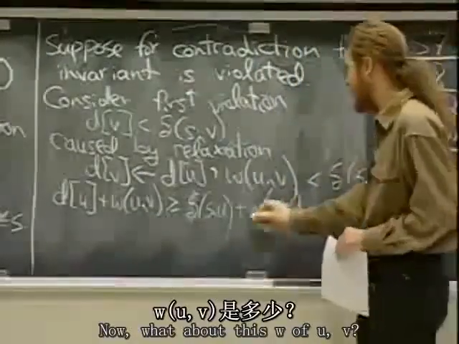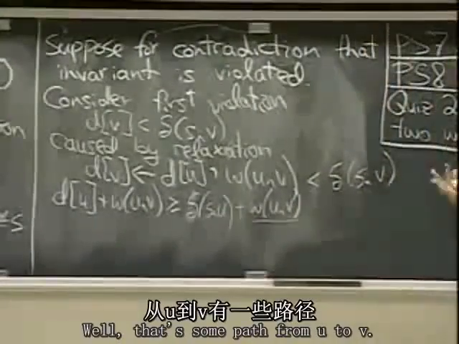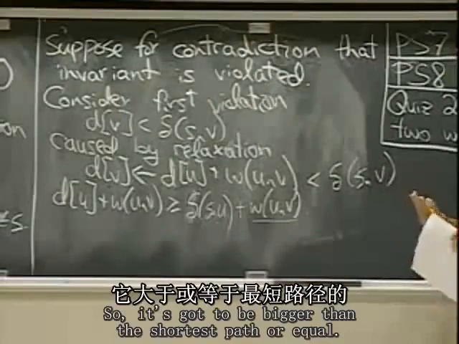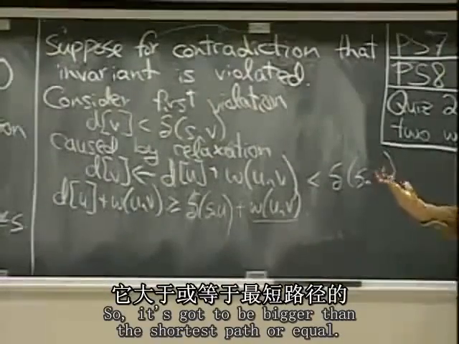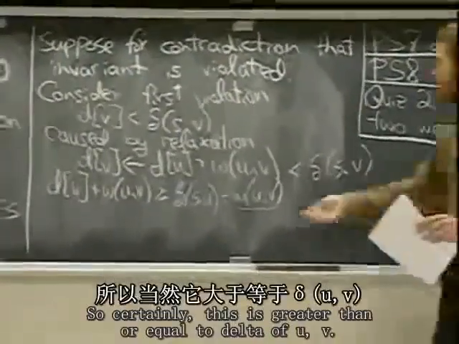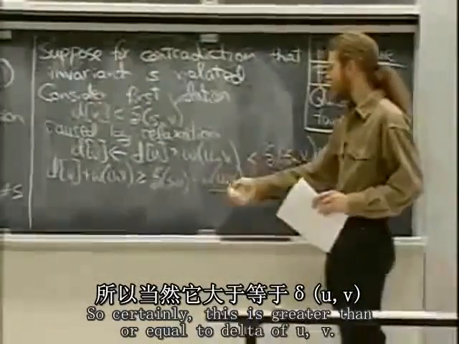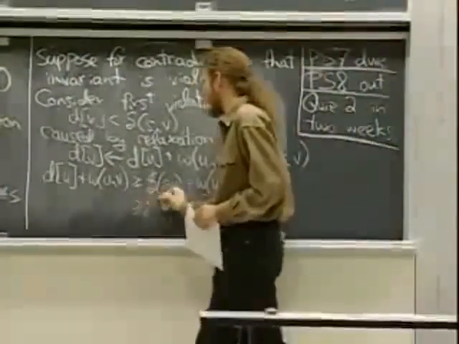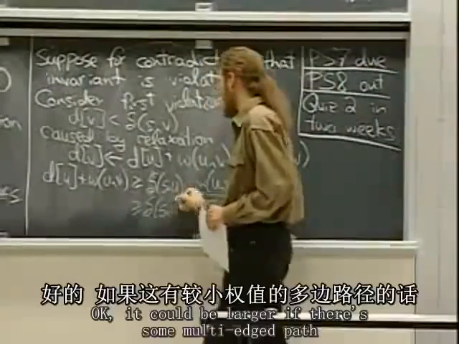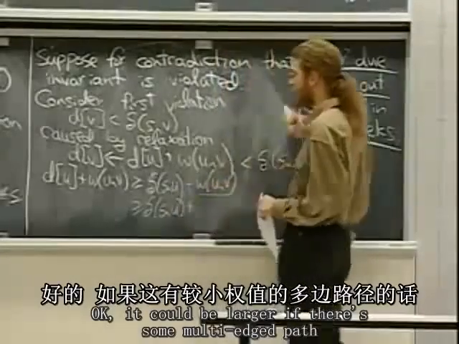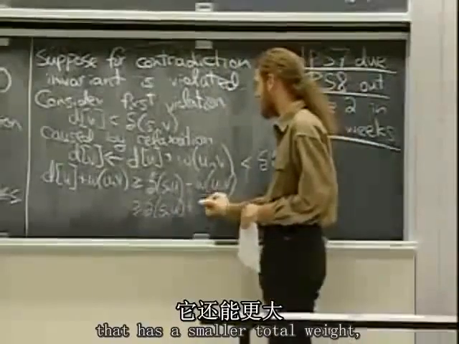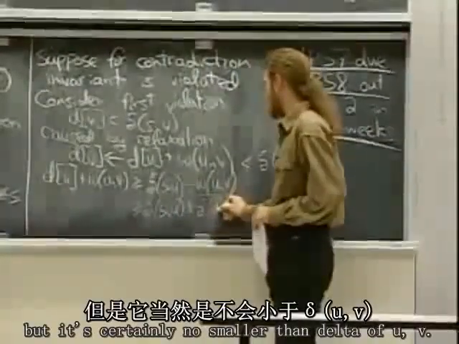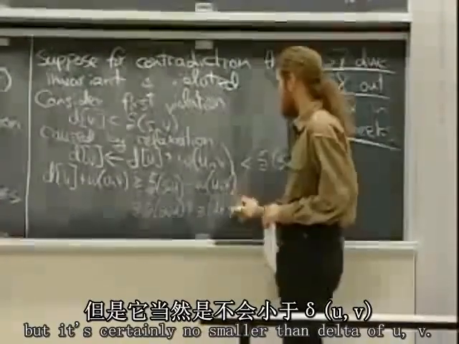Now, what about this w of u comma v? Well, that's some path from u to v, so it's got to be bigger than the shortest path or equal. So certainly this is greater than or equal to delta of u comma v. It could be larger if there's some multi-edge path that has smaller total weight, but it's certainly no smaller than delta of u comma v.